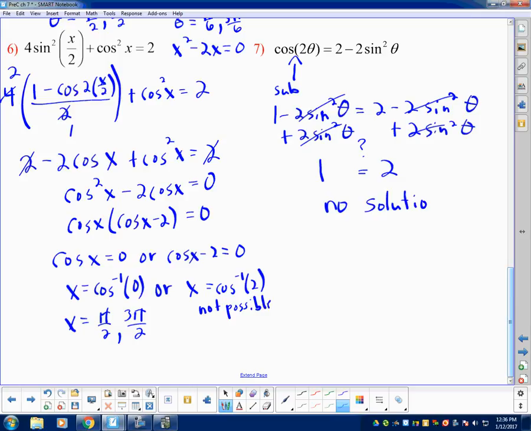If I were to do what I did in the beginning of this lesson on solving trig equations, I graph cosine 2 theta and I graph 2 minus 2 sine squared theta on 0 to 2 pi. What would you find? There would be no intersection. There's no value of theta for which the two are equal. No solution. That's what that means.